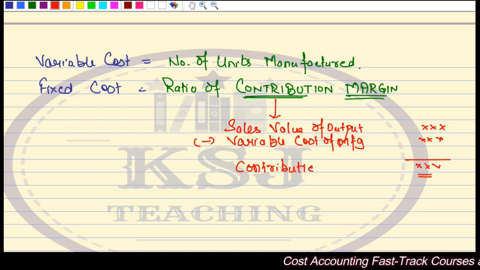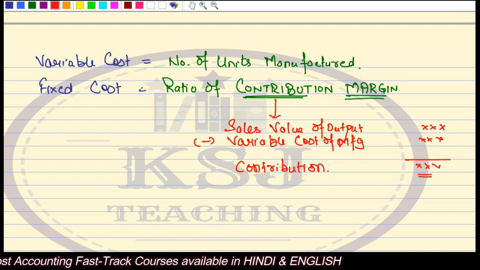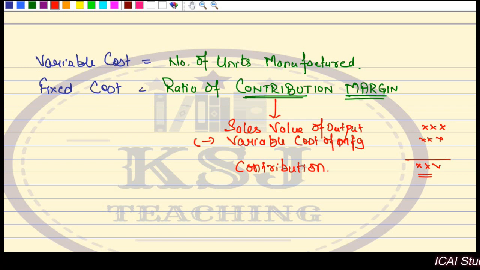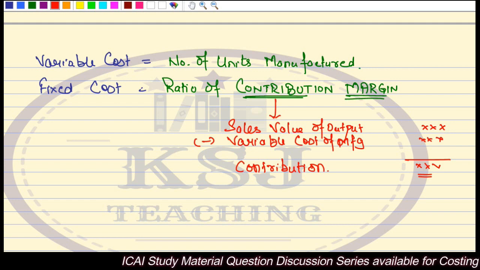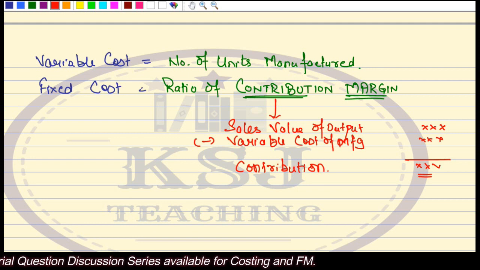right? So what is the meaning of contribution? The contribution says that whether we are earning sufficient profits from the manufacturing of a particular product so that we are able to pay our fixed cost, like whether we are earning sufficient profits that we are able to pay our rent, whether we are earning the sufficient profits that we are able to pay our insurance charges or whatever the fixed charges are, whether we are earning that profit, right?